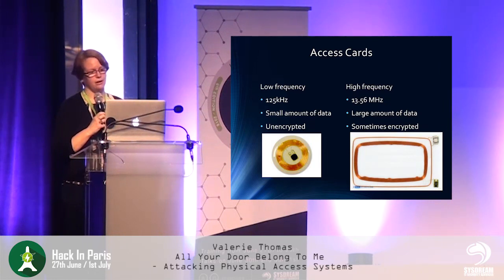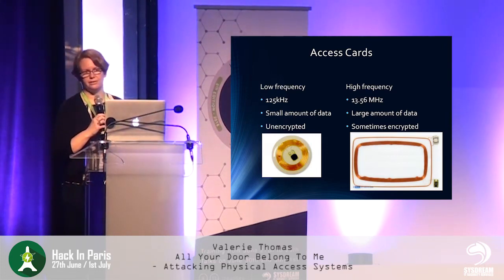High frequency cards, instead of operating at 125 kilohertz, are in the megahertz range. 13.56 megahertz gives us a lot more space to put a whole lot more data on that credential or card. Sometimes it's encrypted, sometimes it's not. Physical access companies aren't exactly security companies.